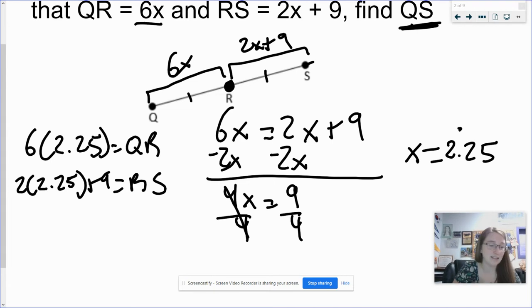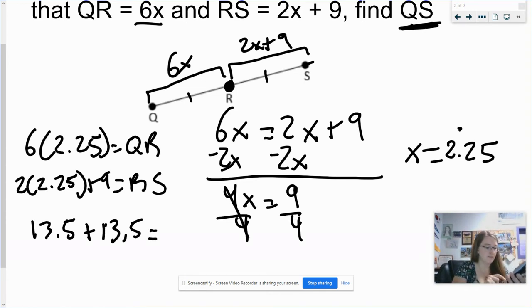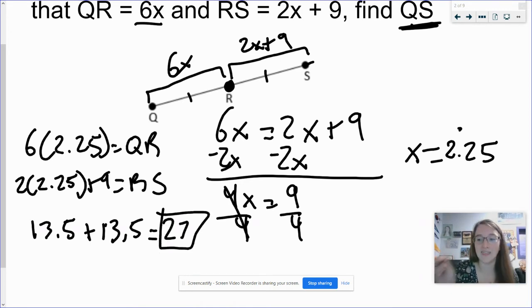I'm going to add these two answers together, and that's going to give me the whole thing. So 6 times 2.25 is 13.5, plus 2 times 2.25 plus 9 is also 13.5. That makes sense because we said these two halves are equal. So this gives me 27. That should have been your final answer, not the x.